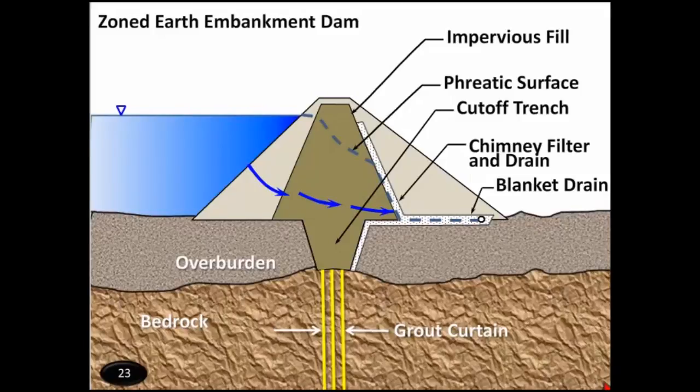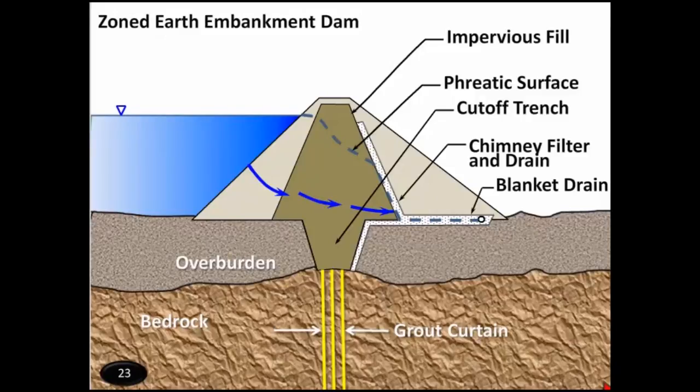And then starting in the late 1970s and early 1980s, it became standard practice or very common practice to install a chimney filter drain and blanket drain, a much more elaborate drainage system within the zones of an earth embankment dam. And if you were to design a dam today, this is pretty much standard practice.